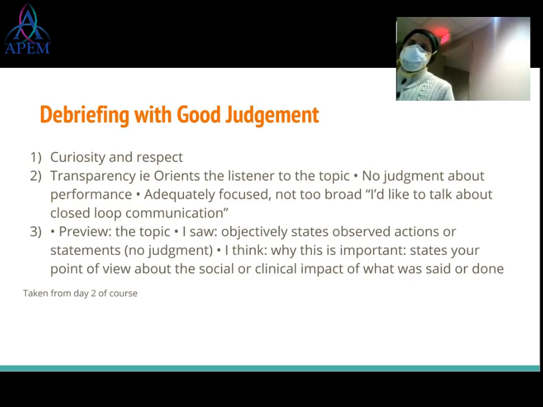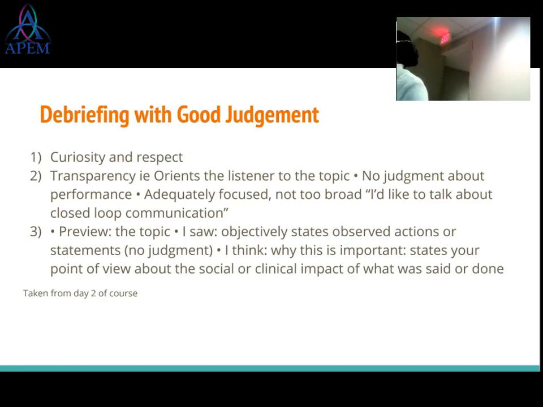What's happened in the past with simulation, and this has happened with me because I didn't have these topics or an outline to go through, is you just go in and say, "Oh, why'd you do that?" or make a list of errors that they made. Like, "You should have given them pain medicine before you decided to cardio work them."